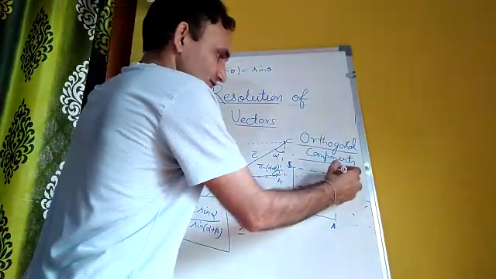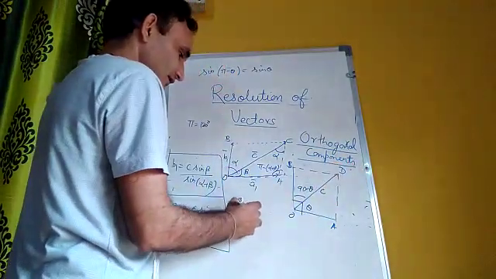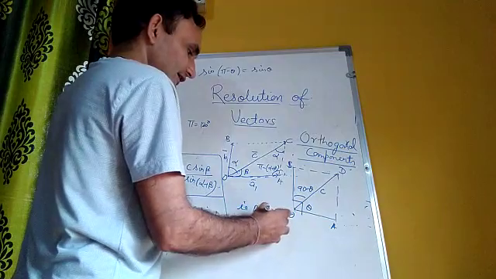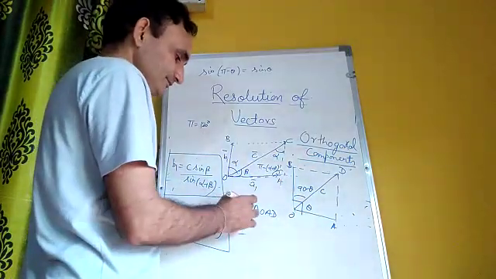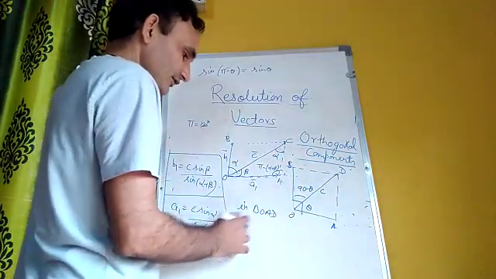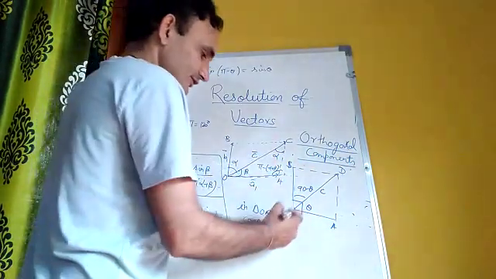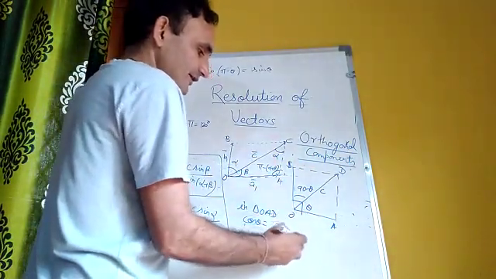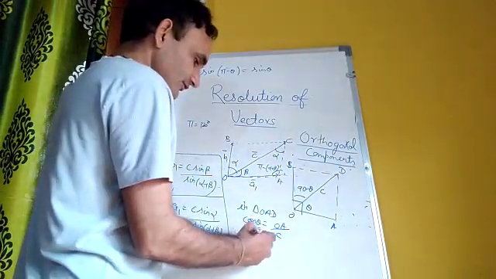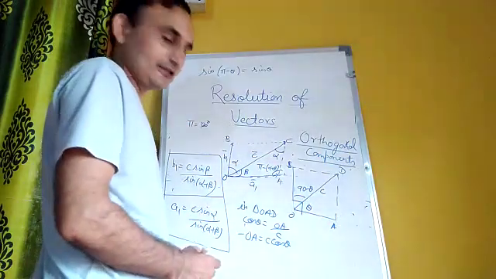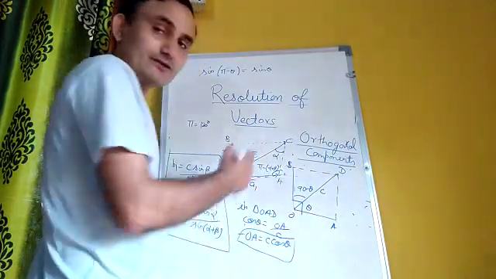Simply suppose this is D. In triangle OAD, if you take cos theta, it is base upon hypotenuse. So base is OA and hypotenuse is C. So simply you get that OA is equal to C cos theta. This is one component.